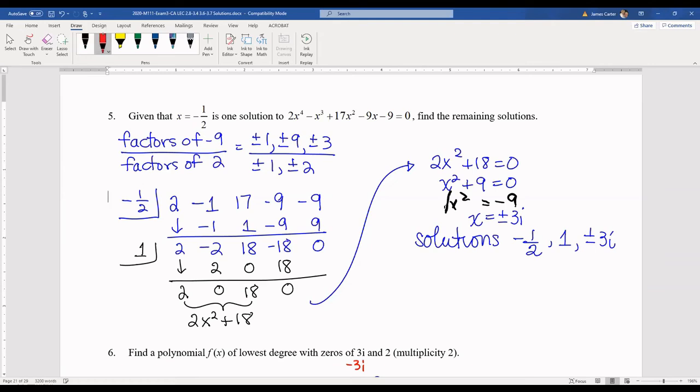They took the square root of both sides, plus or minus. The minus gives us the i, the 9 gives us the 3, and we have the plus or minus.